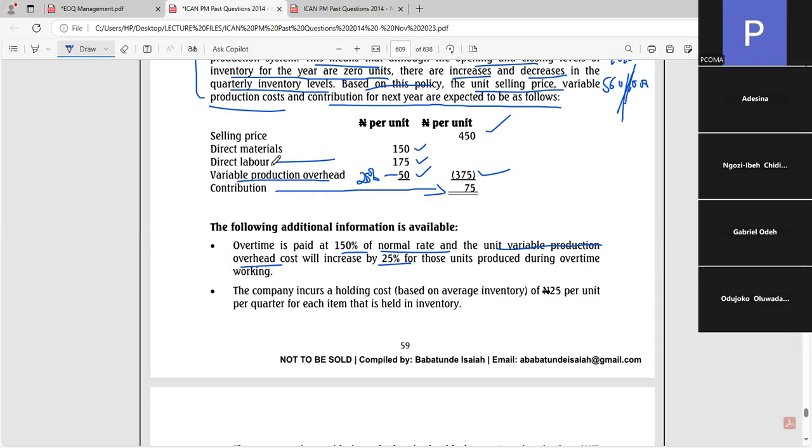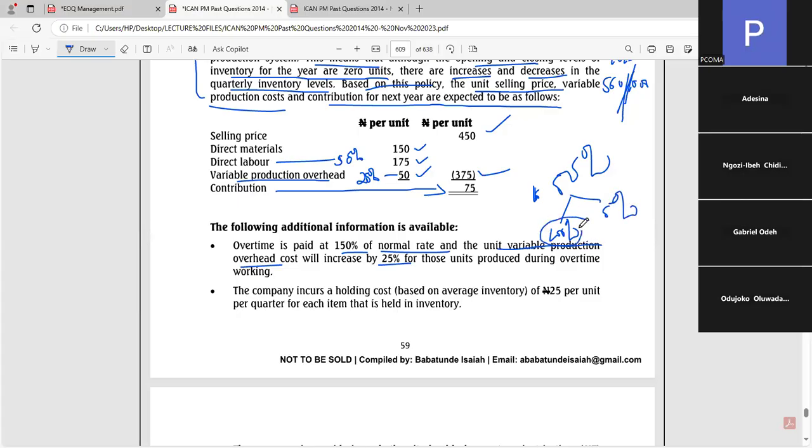And our labor, overtime is paid at 150% of normal rates. They don't need to tell you if you are good, you know. It's 150%. That means to say it's going to increase by 50%. Inside 150%, split it: 100% and 50%.